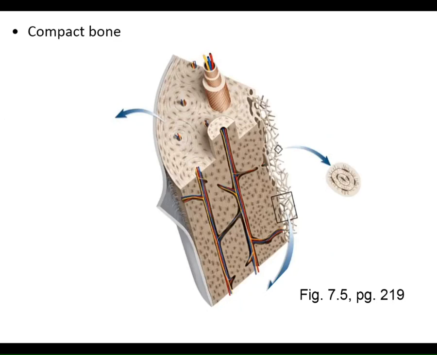So we see that bone is an incredibly vascular tissue. Blood flow everywhere. And the cartoon reminds you that not only do you have blood vessels going through these canals, but you also have nerves. So you can see red, blue, and yellow traveling through these central canals.